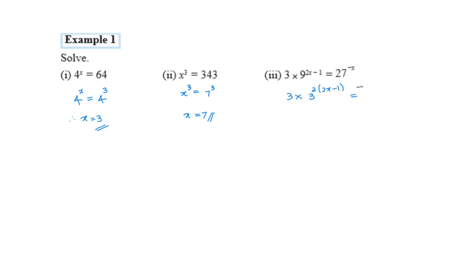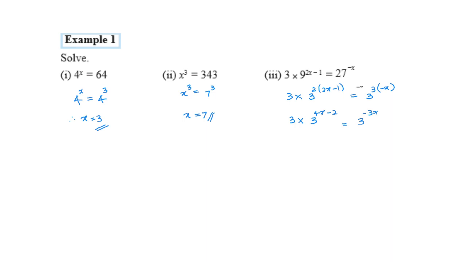Equal 27, you can write 3 cubed. You have minus 6 there. Then 3 into, you can simplify the bracket. You have 2 into 2, 4x minus 2 equal 3 to the power minus 3x.